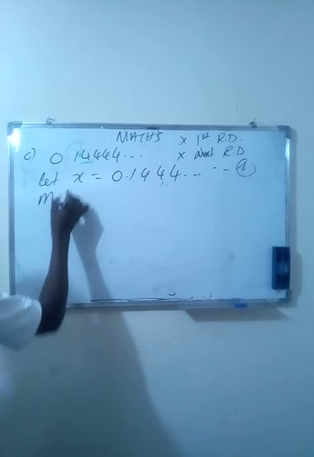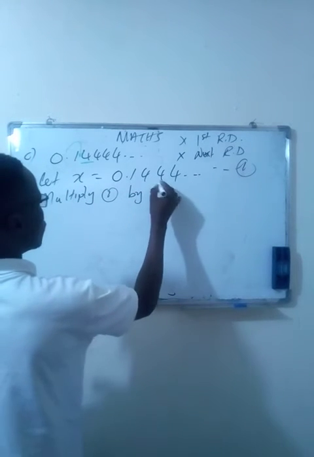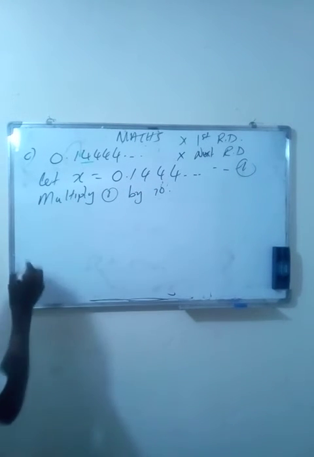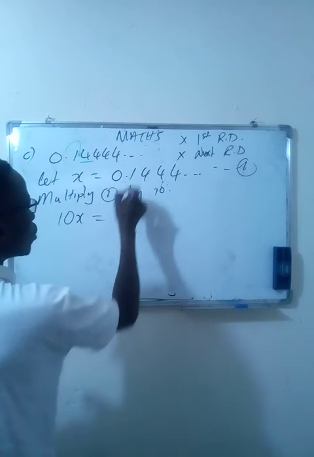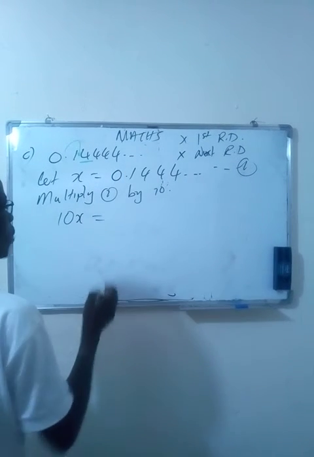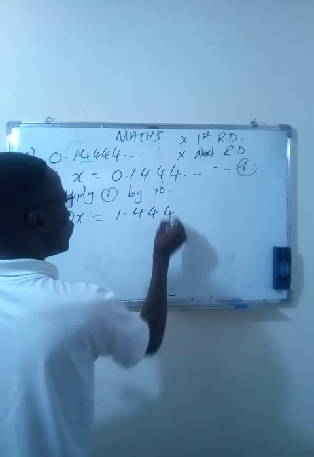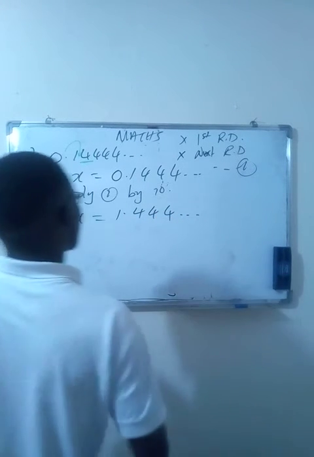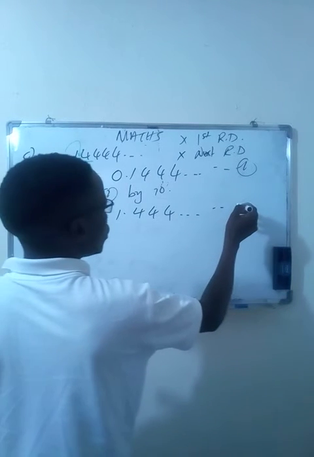We multiply equation 1 by 10. On the left hand side, you're going to have 10x is equal to, we're moving it once because we're multiplying by 10, 1.444, isn't it? All right, and then we can call this one equation 2.